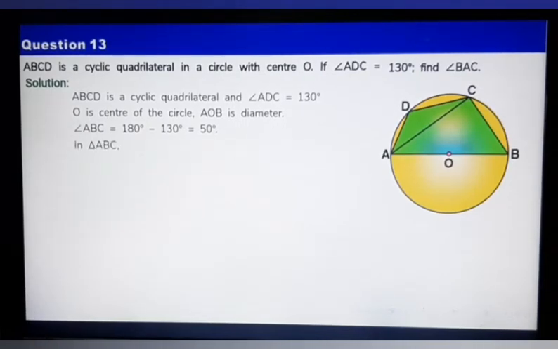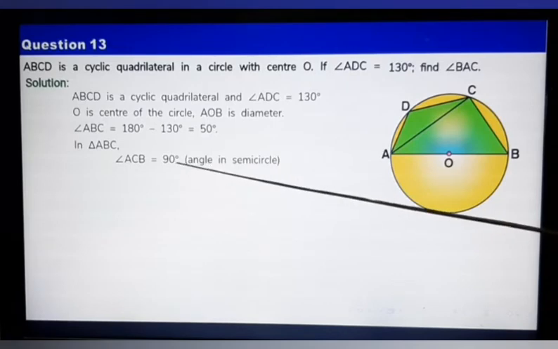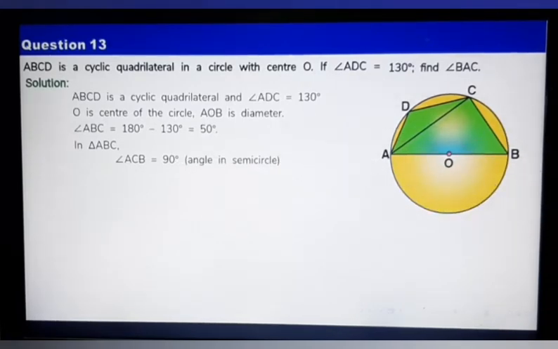So in triangle ABC we have ACB equal to 90 degrees because it is the angle in a semicircle. So these two angles, BAC plus CBA, have to be 90 degrees.